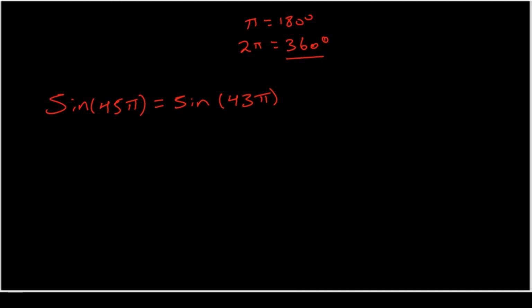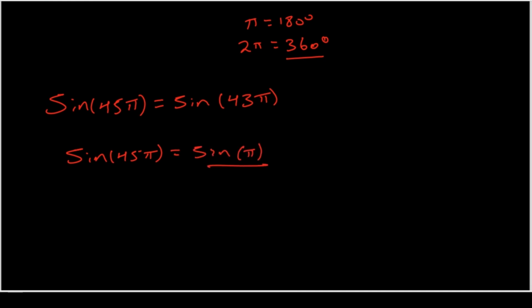It's easily 44 pi, right? So 44 is a multiple of 2 and is close to 45 pi. Now if I subtract 44 pi from 45 pi, I'll end up with pi. So in other words, sine 45 pi is equal to sine pi, right?